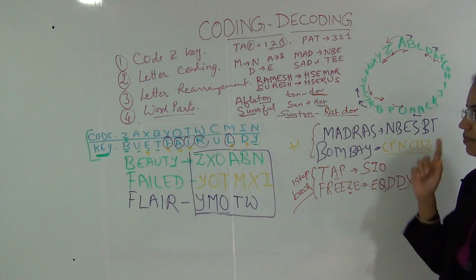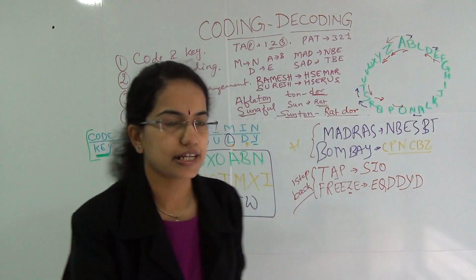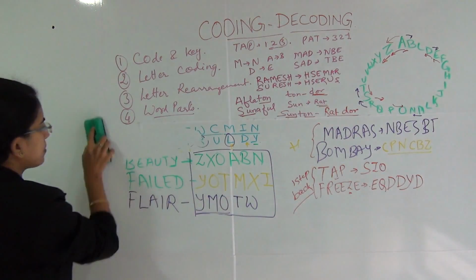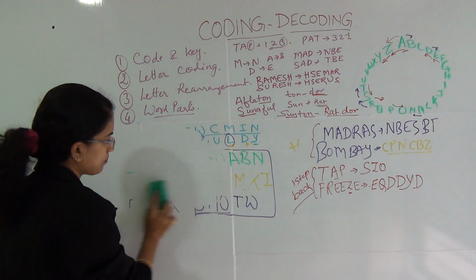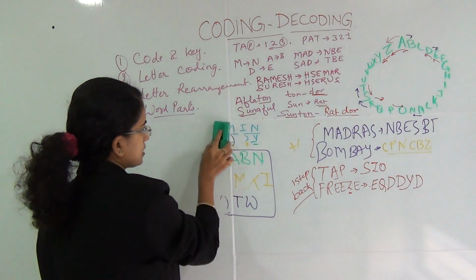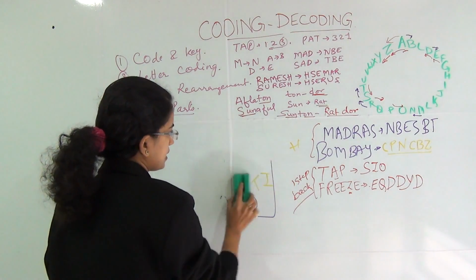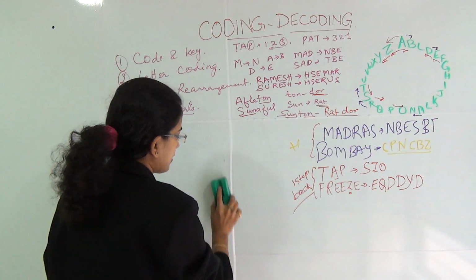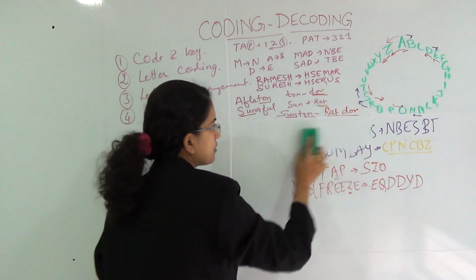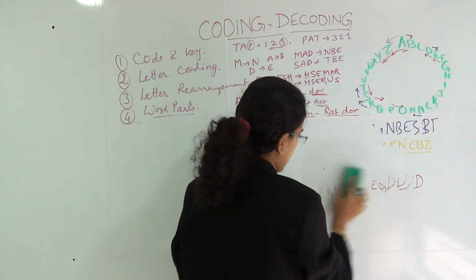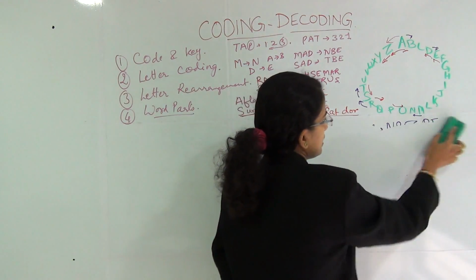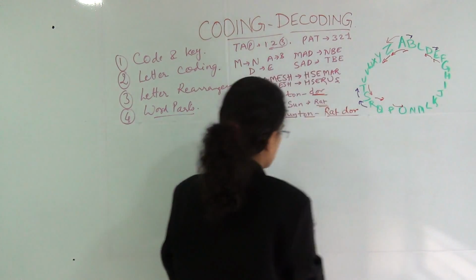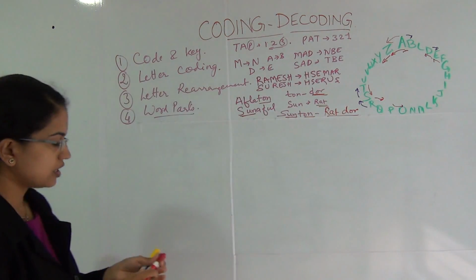Okay, we will be practicing one more question on letter coding, and that will be based on the alphabet line that we discussed in the previous class on alphabet series. Under alphabet line, we started with A and wrote till Z, and we wrote the consecutive numbers for each of those.